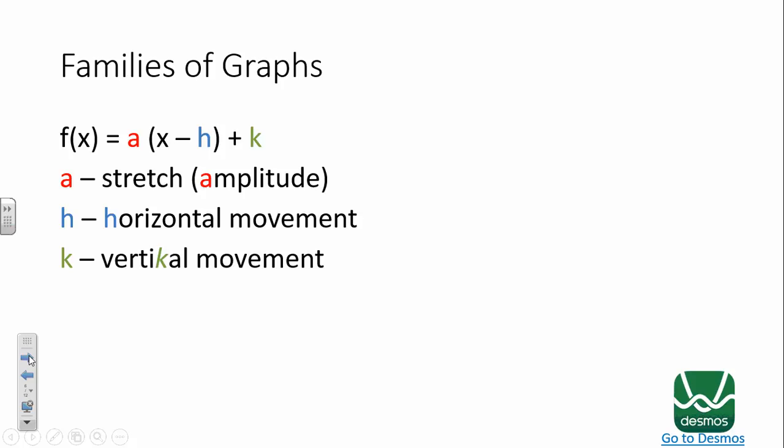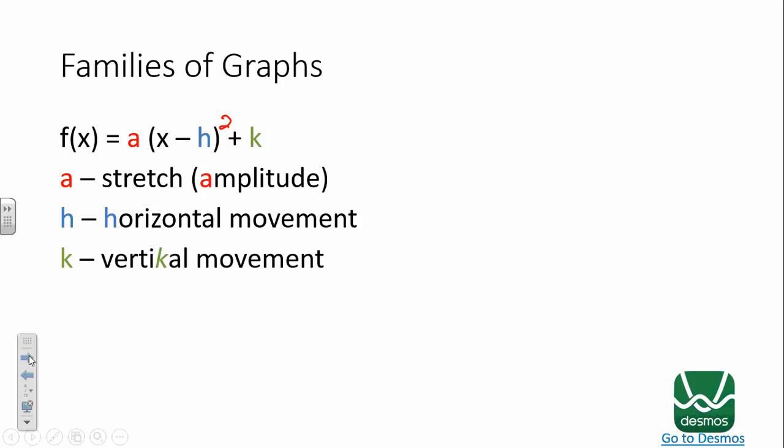Families of graphs. When we had an... I forgot my squared here. Okay. Doesn't matter what it is, right? Doesn't have to be squared like quadratic, but we often see it with quadratic. A times the quantity x minus h squared plus k. Your a was your amplitude, your h is your horizontal movement, and your k is your vertical movement.